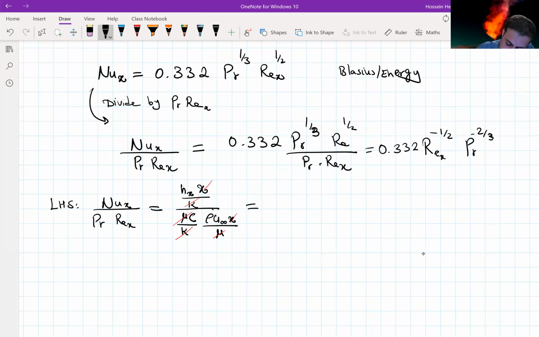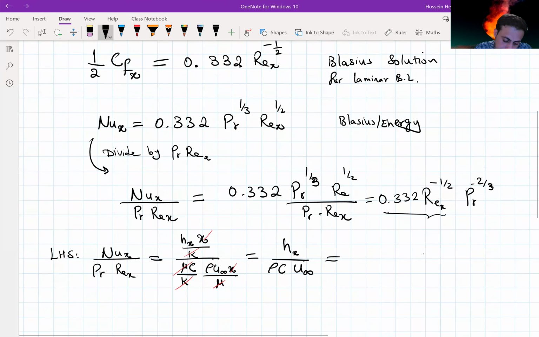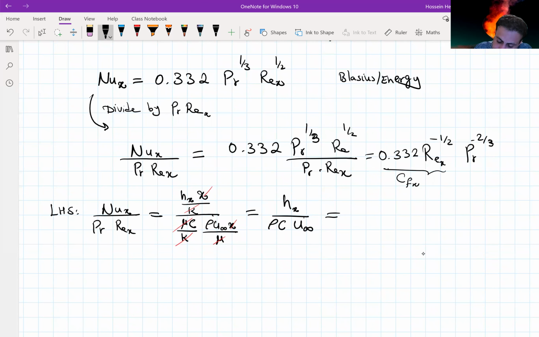What we end up with is h x over rho c u infinity, h of x, the local heat transfer coefficient, on the left hand side, which is equal to the right hand side, and this part is Cf x divided by 2. So it's going to be Cf x divided by 2 times Prandtl to the power of -2/3.